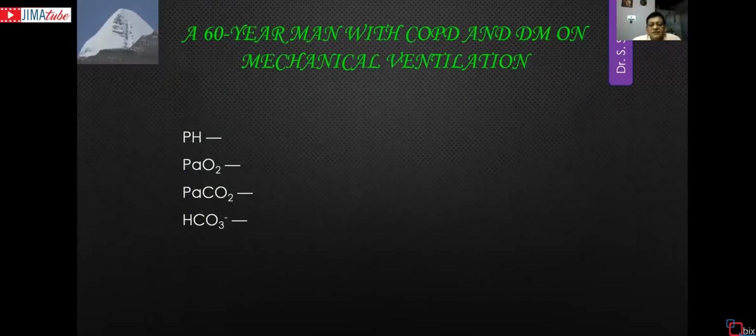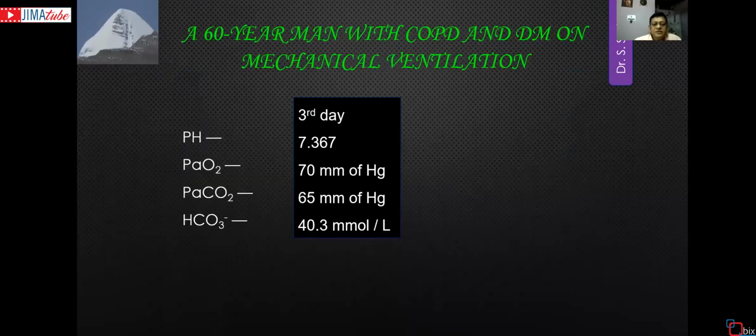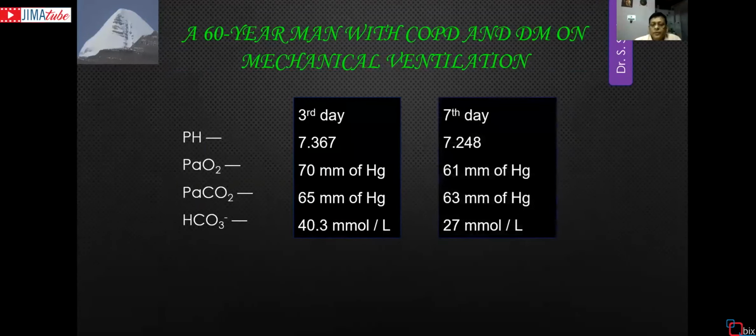A second case, a 60-year-old man with COPD and diabetes on mechanical ventilation. His ABG pH was normal on the third day, but due to some other reason, the extubation could not be done. On the seventh day, the ABG shows acidosis, and this acidosis is due to a fall of bicarbonate level from 40 to 27.